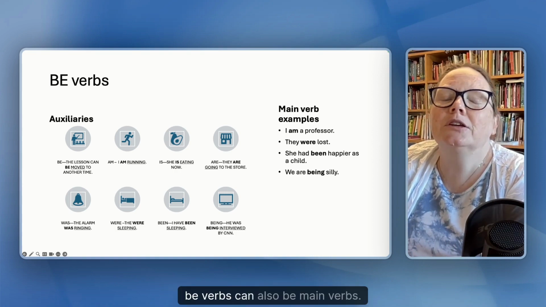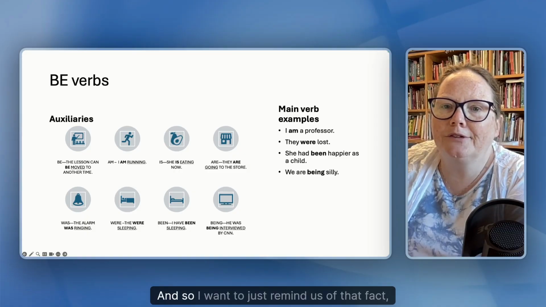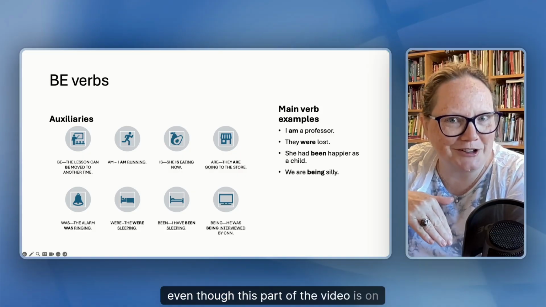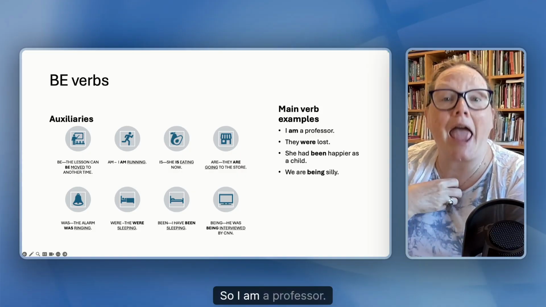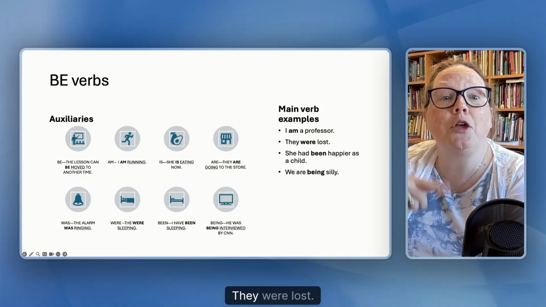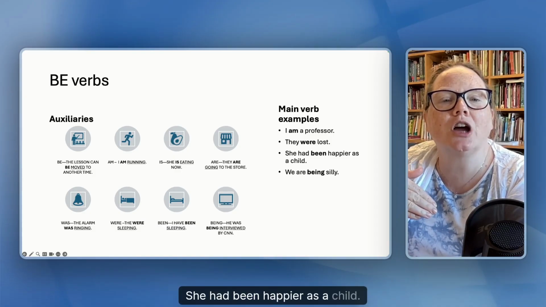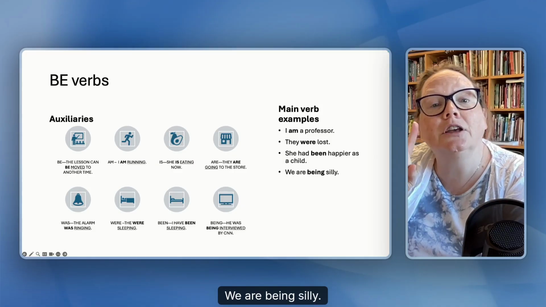Now, be verbs can also be main verbs. I want to just remind us of that fact, even though this part of the video is on auxiliaries. So: I am a professor. They were lost. She had been happier as a child. We are being silly.